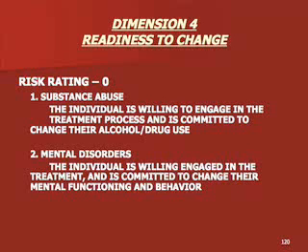So if we were risk rating someone for substance abuse, we know that they're willing to engage, committed to alcohol and drug use recovery. That would be a 0. Mental health, basically the same thing. They're committed to change, and they're looking at their mental health functioning and behavior. So they're stable, pretty much across the board for both areas.